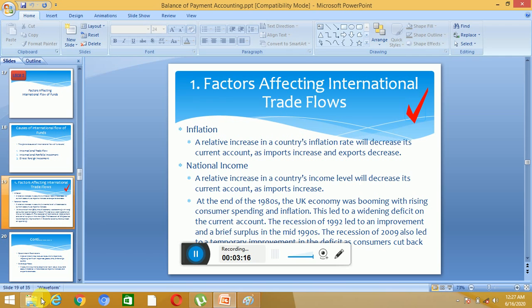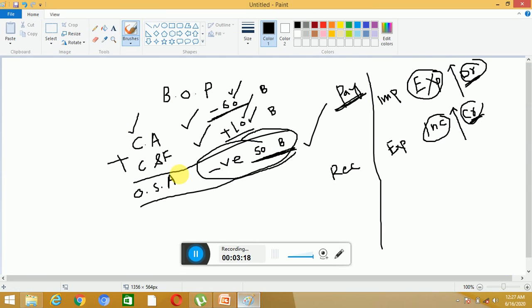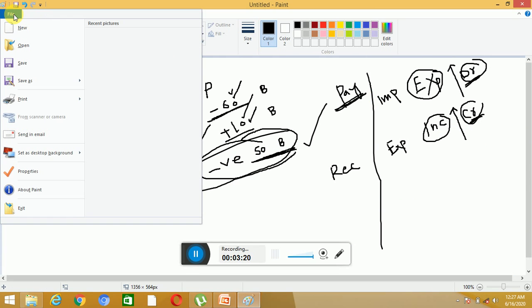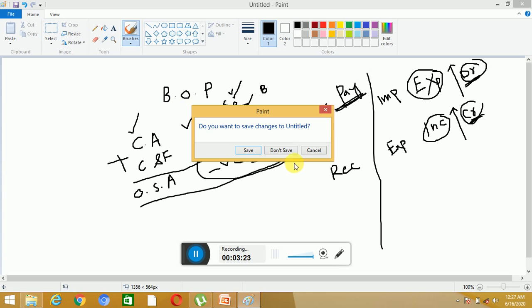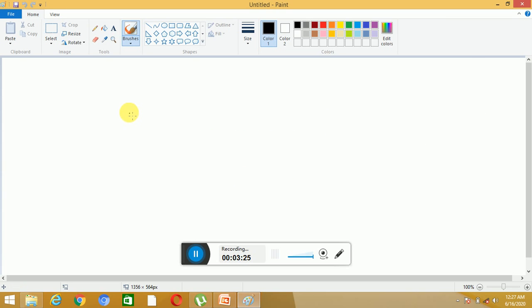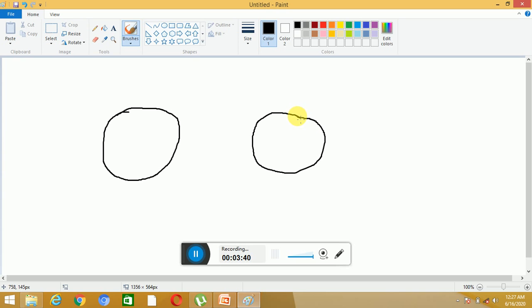Now see, let's go to the paint so you will understand this concept. This is one country. Suppose this is Afghanistan. This is another country, and this is another country, and this is another country.